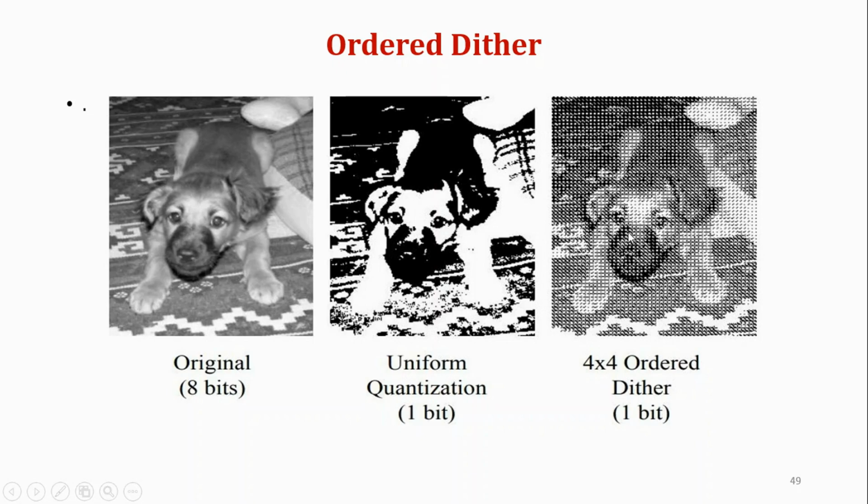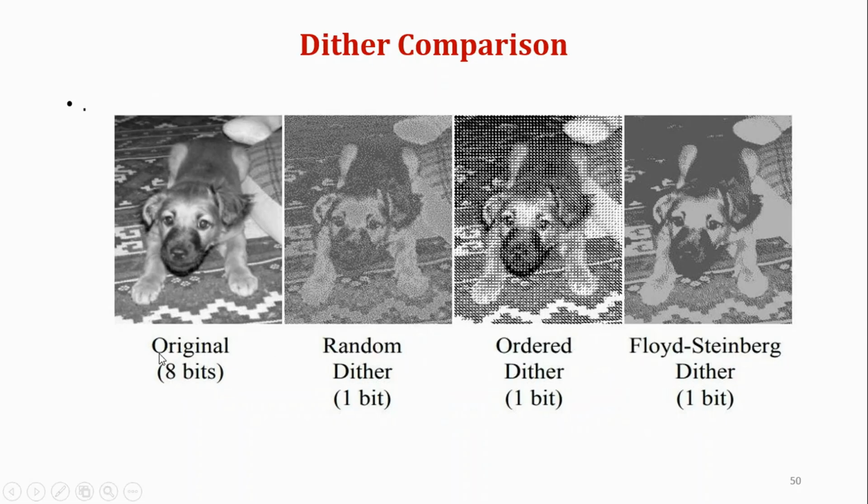So check out the smoothness of the image compared to the uniform quantization, somewhat better. So here are the original image, random dither, ordered dither, and Floyd Steinberg, another dithering algorithm. So a single image with the various dithering approaches.